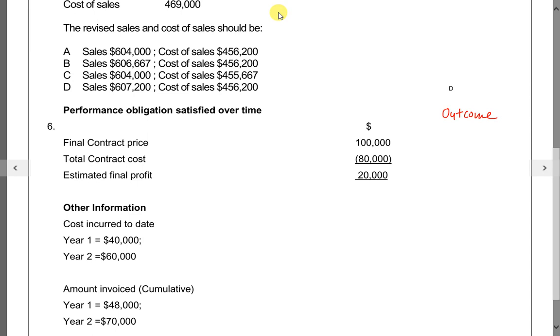Contract price, how much? Of course, it's given here. I just show you the steps. Normally, you have to find the contract price 100,000.